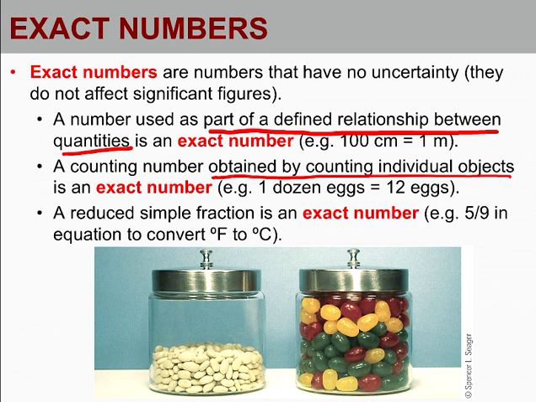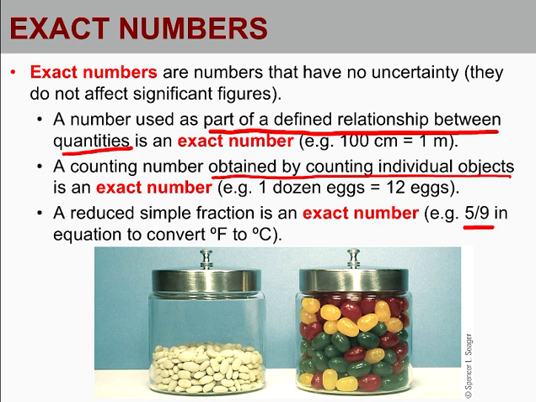All right, and then a reduced simple fraction is also considered an exact number. So when we were discussing temperature and we were converting from Fahrenheit to Celsius, we had to take into account the ratio of Fahrenheit degrees to Celsius degrees, and that was a ratio of 5 to 9. So that would also be considered an exact number.